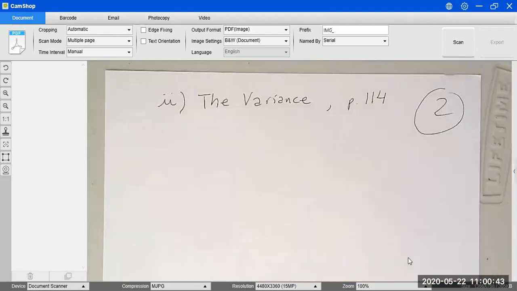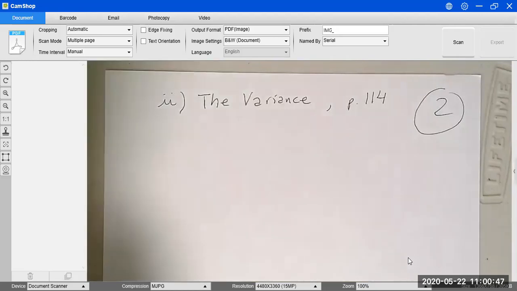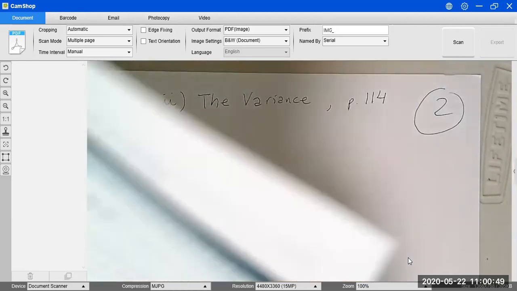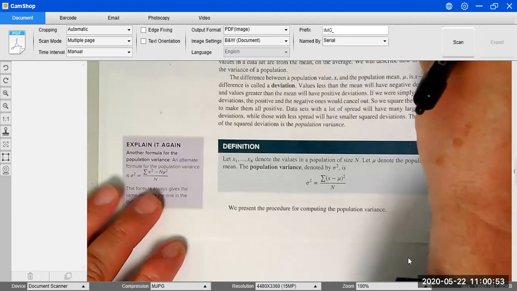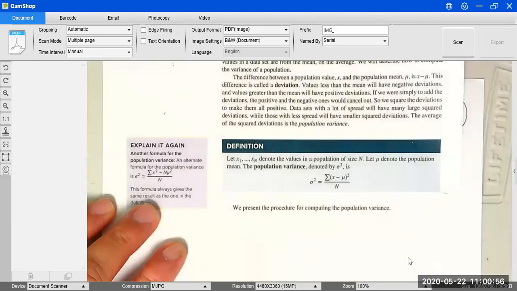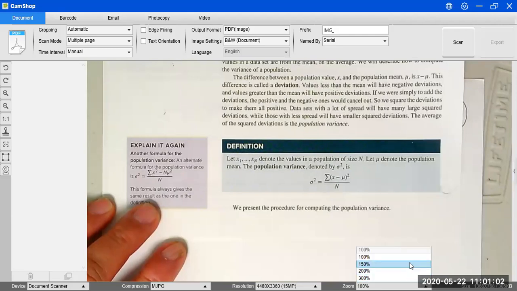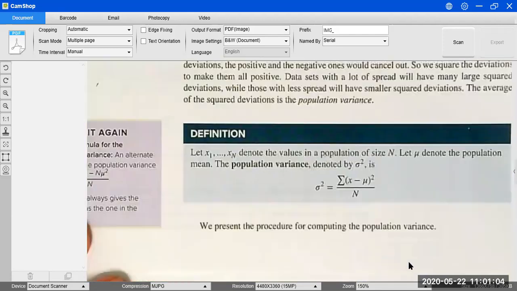In that page, we have formulas. You can see at the bottom of that page the definition for the population variance. We're going to have a formula for the population variance, and a formula for the sample variance, and they're going to be slightly different.